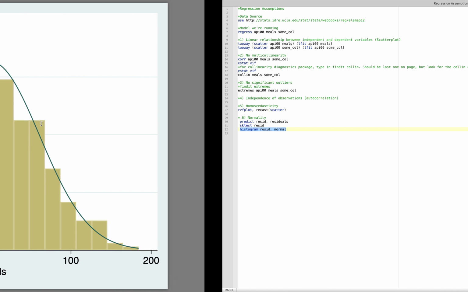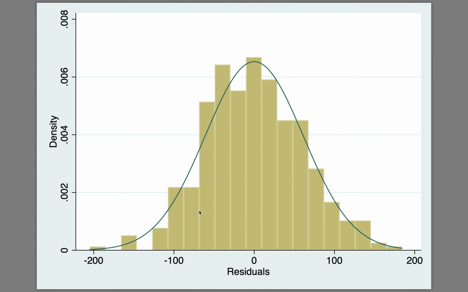Those are outcomes where you're not going to get continuous scores, because you typically only have a few categories of the outcome. You might have two or three categories, so you're not going to have enough to have a normally distributed outcome.